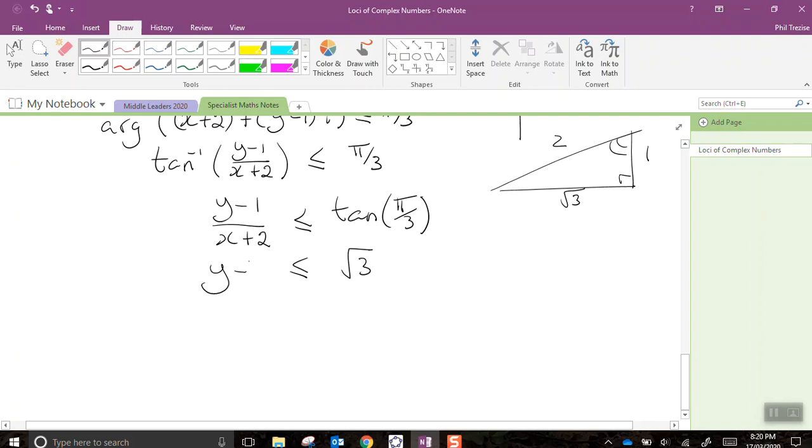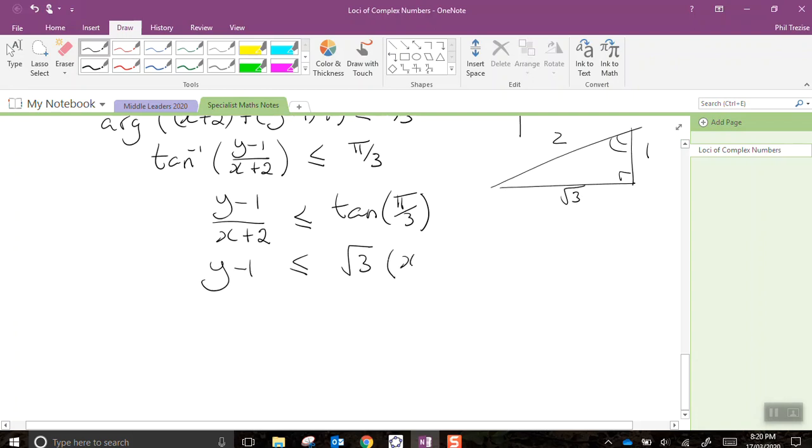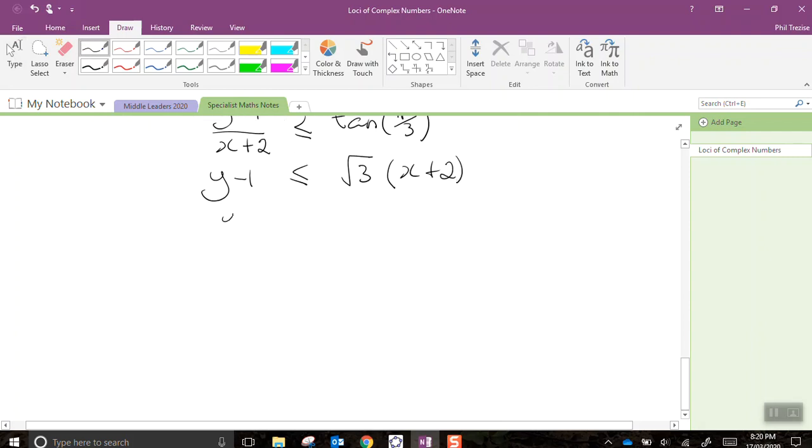And I have y take 1, and I'll multiply across x plus 2. We're almost there. Root 3 x plus 2 root 3 plus 1. So that looks a little bit like the equation of a straight line. It's not an equation, it's an inequality.